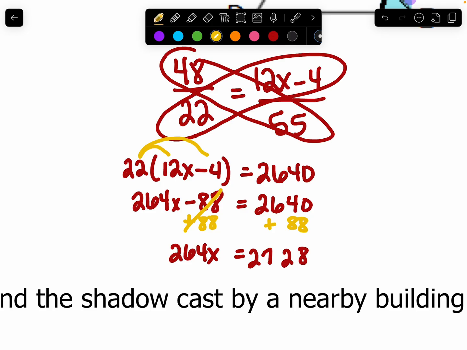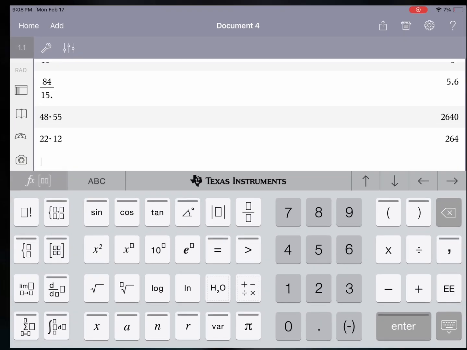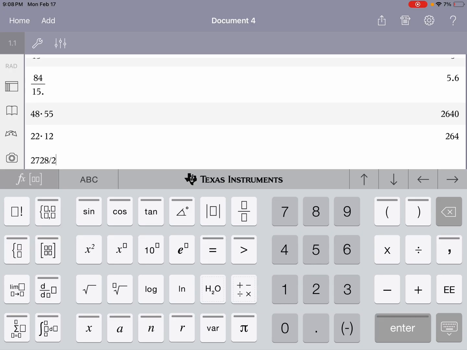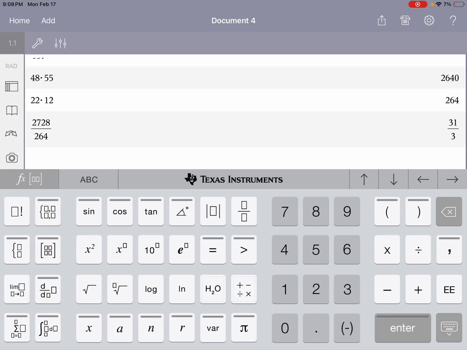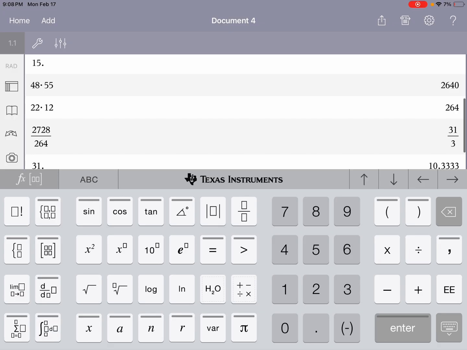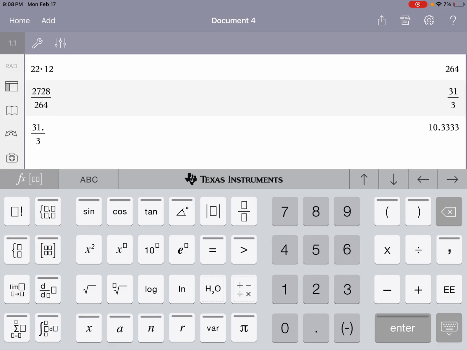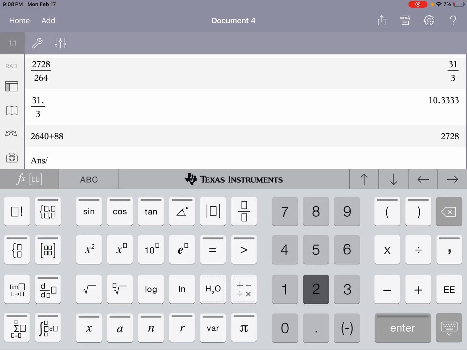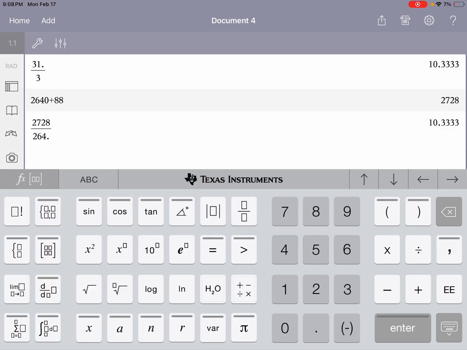And then we're going to divide by 264. Just double checking my work.